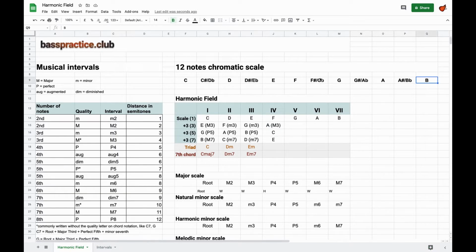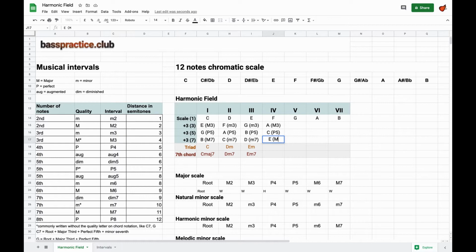From F to C, 1, 2, 3, 4, 5, 6, 7. So 7 semitones, perfect fifth. From F to E, 1, 2, 3, 4, 5, 6, 7, 8, 9, 10, 11. 11 is a major 7.